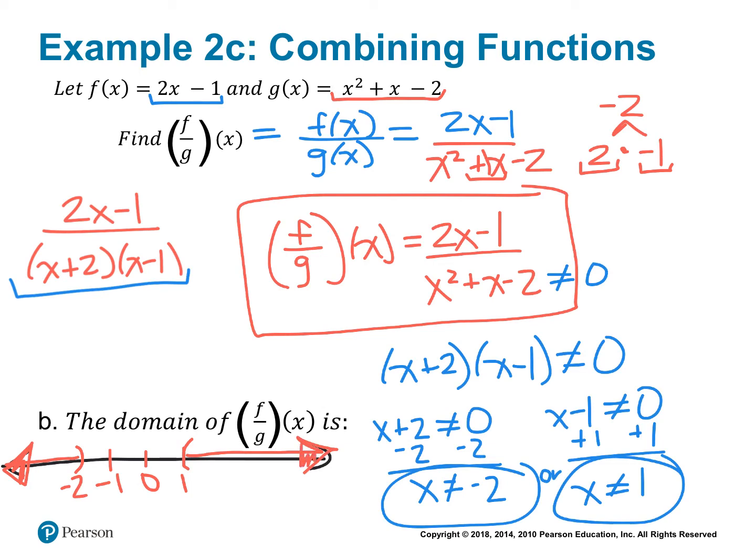So I can also include what is in the middle. So I'd have negative infinity up to negative 2, parentheses, then the union of negative 2 up to positive 1, then the union of 1 to positive infinity. So that would be my domain right here.